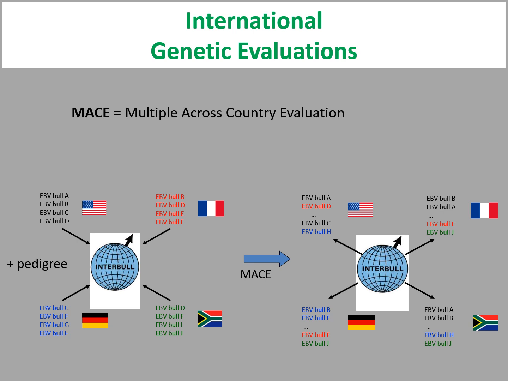Interbull then does a joint international genetic evaluation, and sends back the MACE breeding values to the different countries that participated, including all the AI bulls from across the world in the genetic ranking of every country, which is then directly comparable to the country's national genetic breeding values.